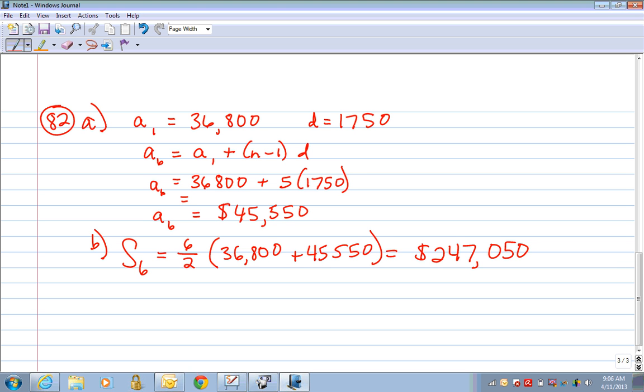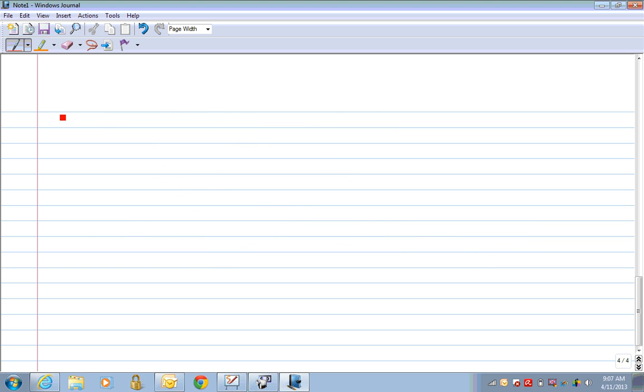And the last, 84. Determine the seating capacity of an auditorium with 36 rows of seats if there are 15 seats in the first row, 18 seats in the second row, 21 seats in the third, and so on. So first thing we want to do is kind of look at that sequence.